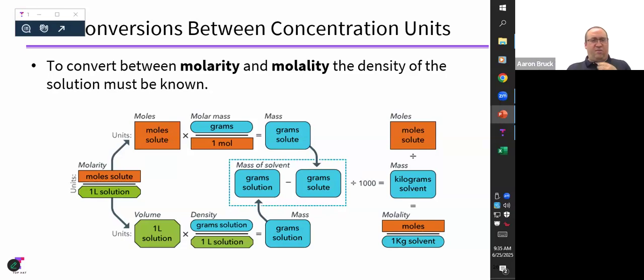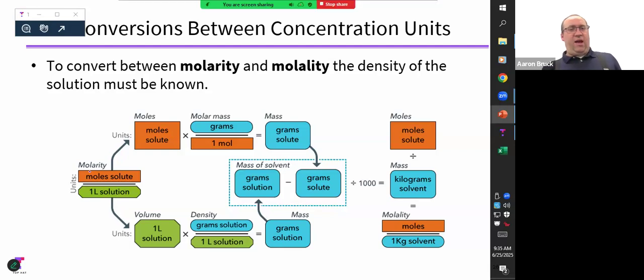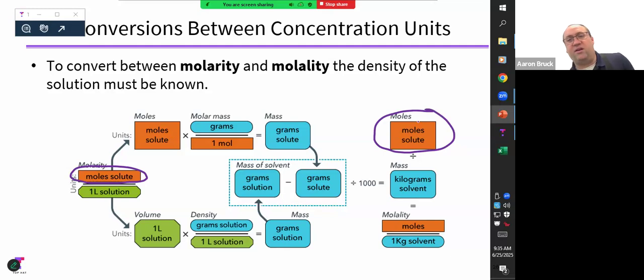What I tend to do, and what this is attempting to show, is that when it comes to molarity and molality, the easiest thing to do usually is to separate the components from each other. So we know that really the difference between molarity and molality is not in the numerator, because the numerator is the same. It's in the denominator.